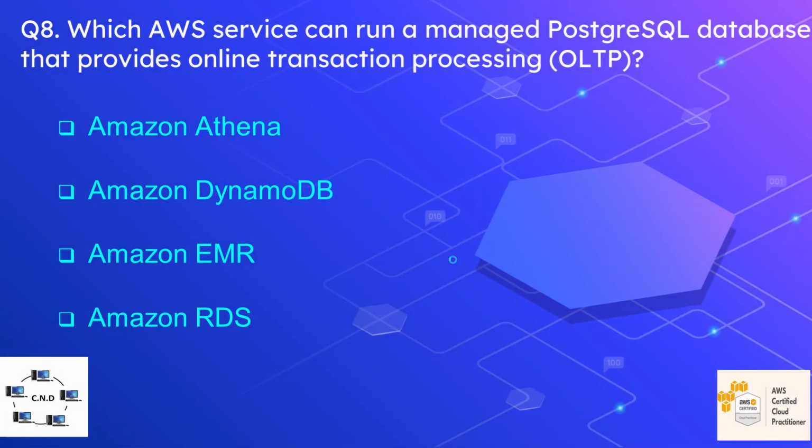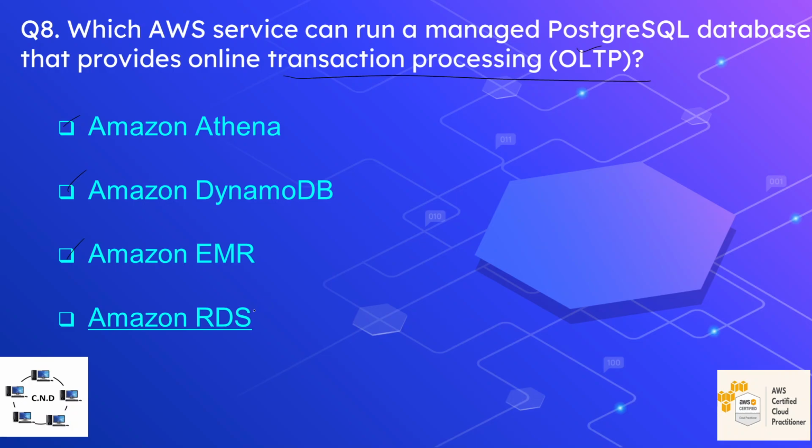Question number 8 is: which AWS service can run a managed PostgreSQL database that provides online transaction processing? The options are A. Amazon Athena, B. Amazon DynamoDB, C. Amazon EMR, and D. Amazon RDS.